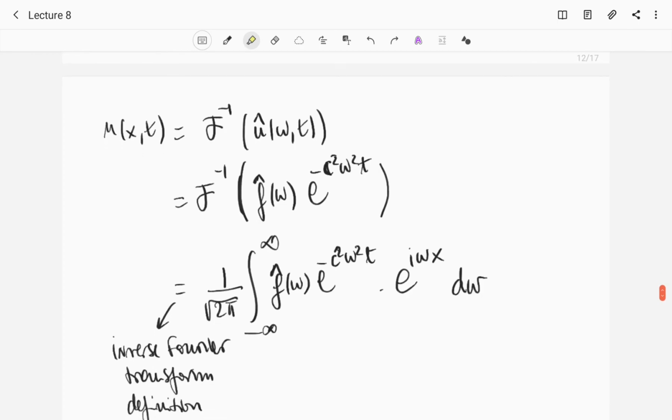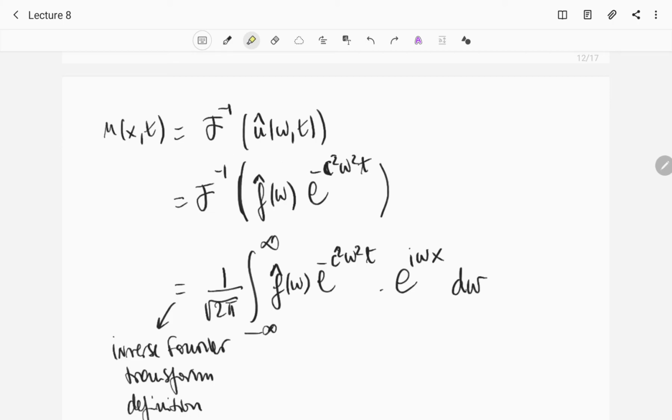So again, by definition, u is exactly the inverse Fourier transform of the transform of u. Because remember, I have a function u, I Fourier transform it, but then if I inverse Fourier transform it, it's like doing something and undoing the something, so I recover u.